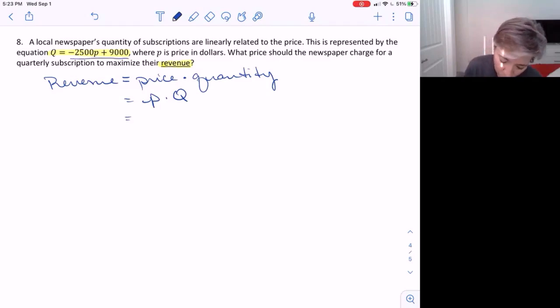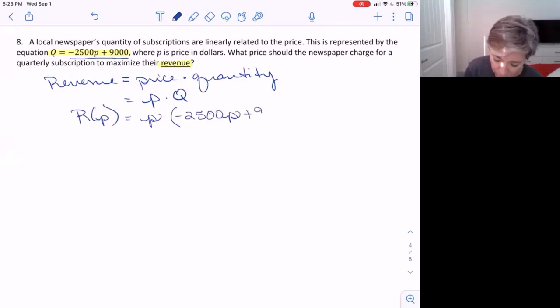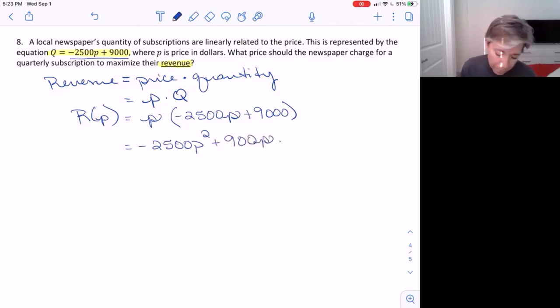So to find that revenue function with respect to price, we're going to multiply price times the quantity function, negative 2,500 P plus 9,000. So we get negative 2,500 P squared plus 9,000 P.